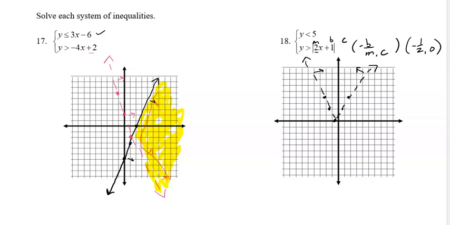It's going to be dotted as well. It crosses 5 on the y-axis. And it says less than, so I'll be shading below. So inside the V, but below the red dotted line, that's an area that I'm going to indicate with the yellow again. It's right in here.